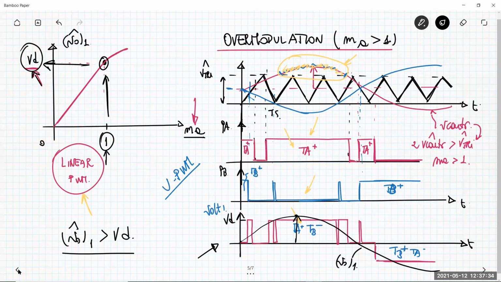But VD is less than 230, and I need 230 for my motor. What I can do is increase MA over 1 to exploit the feature of getting a higher peak value of the output fundamental component. Is it clear?